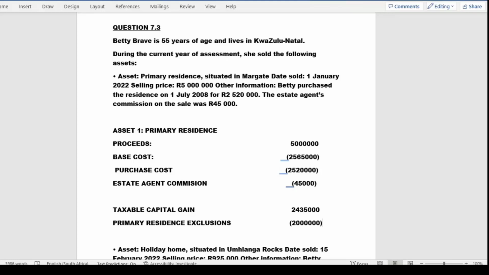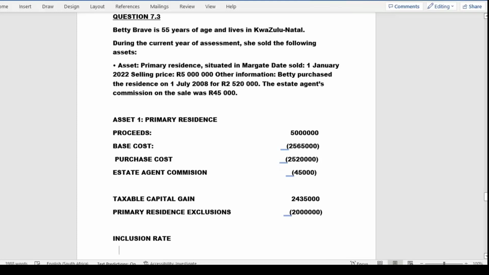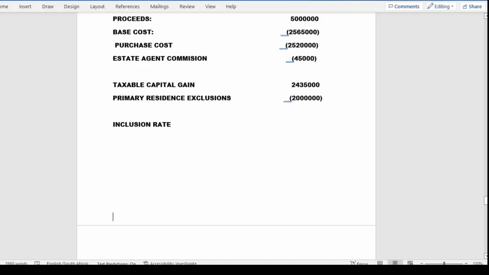Make sense? So how much is left, I think it's 435,000, if I'm not mistaken. Then you'd say inclusion rate. Inclusion rate is at 40%, always.